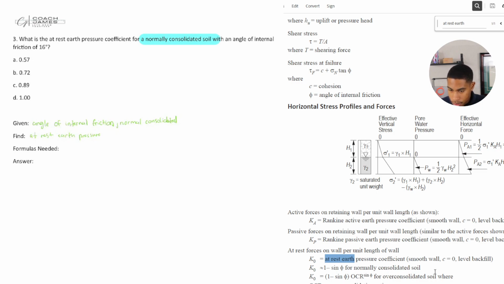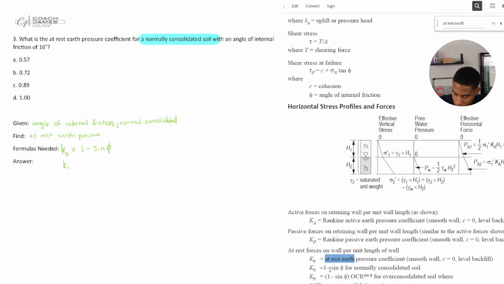And then we also know what phi is. Well, phi is going to be the angle of internal friction. So we have everything we need to be able to solve this equation. So K0 is going to equal 1 minus sine of phi.